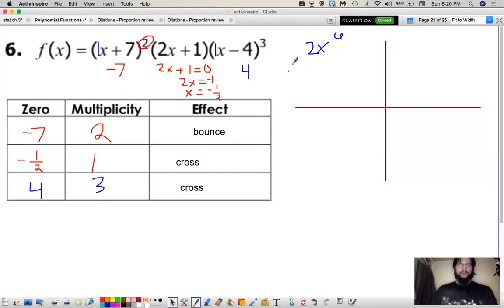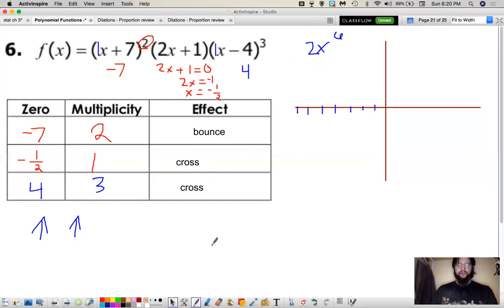Now, let's see here. It's even and positive. So that's going to be up and up. Right? Let's go ahead and plot our zeros. -7. So 1, 2, 3, 4, 5, 6, 7.